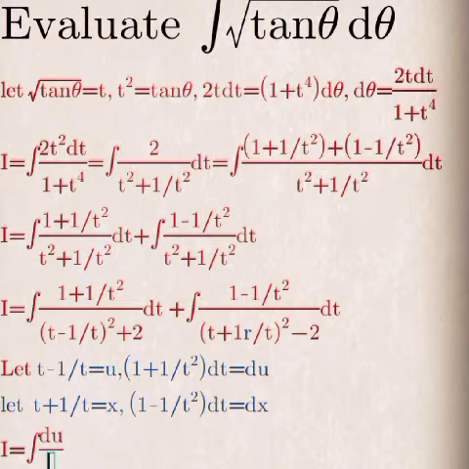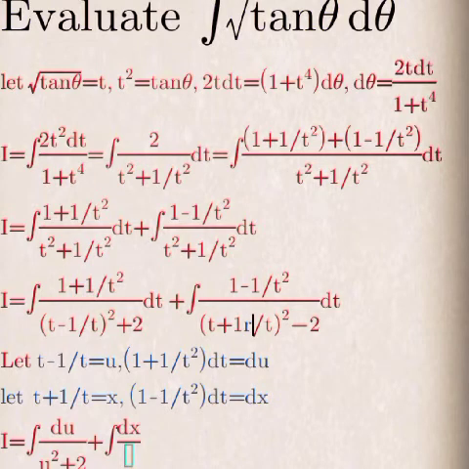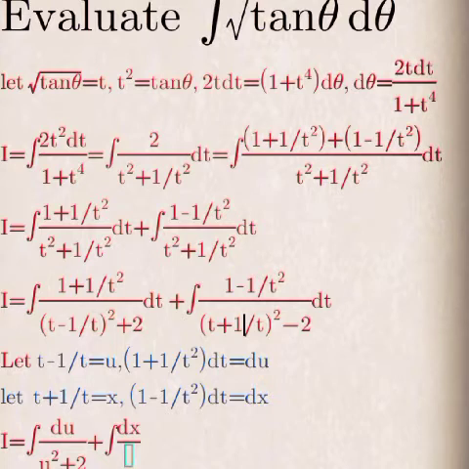And remember I said this one to be u, so in the denominator I now have u squared plus 2. Also in the same case for this integral, all the numerator is now represented by dx, and remember I said this is now my x, so I shall have x squared minus 2.